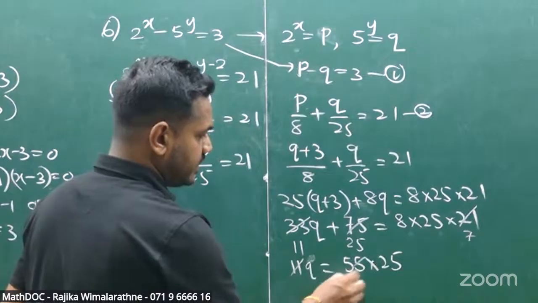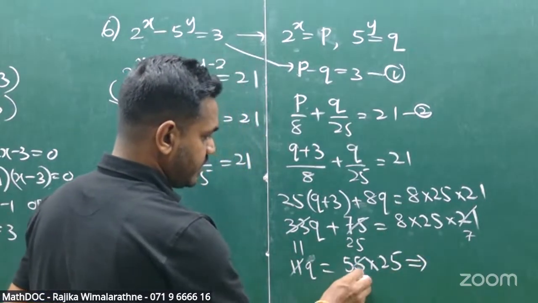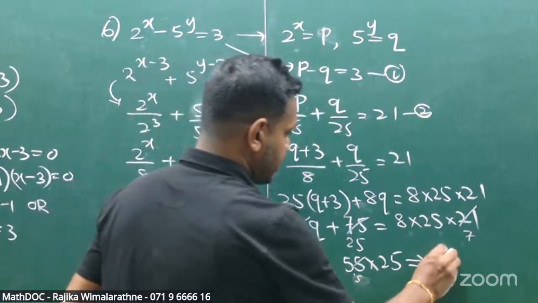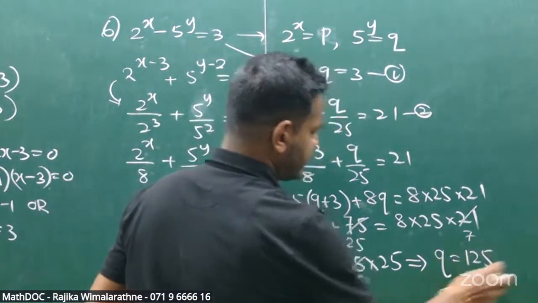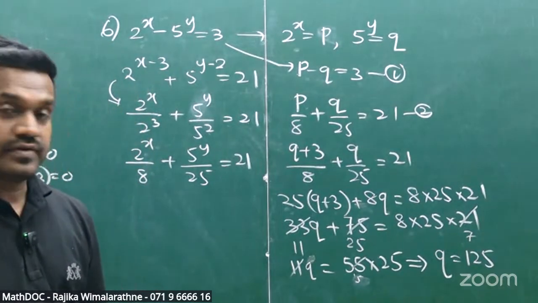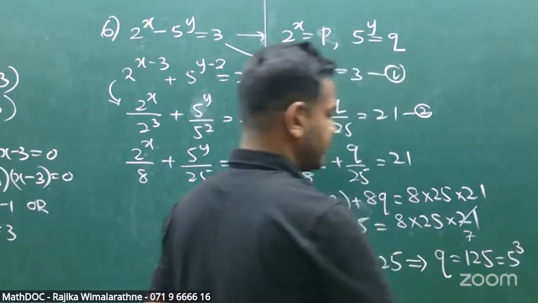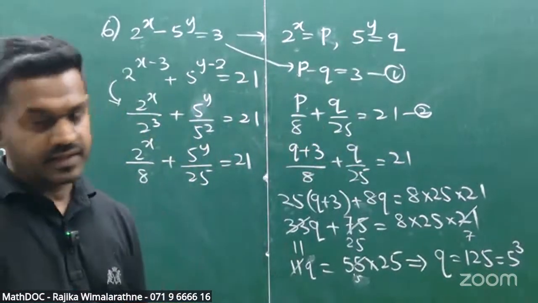Then divisible by 11, so 5. Then q equals 125. The q value is 125, that means 5 to the power 3.